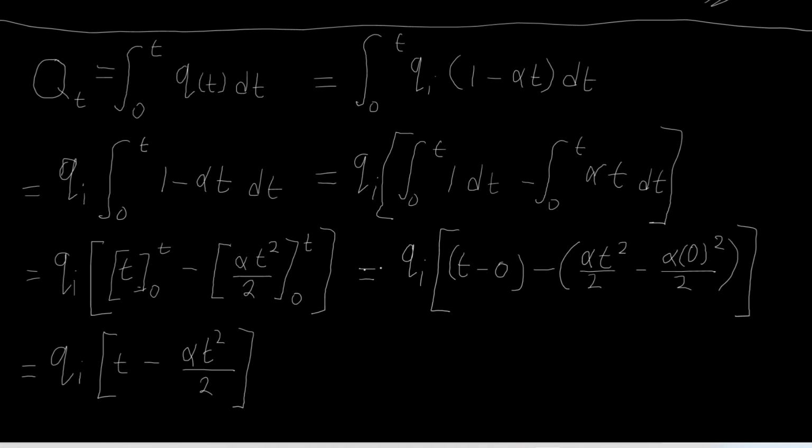Okay, now this is our what? Cumulative production for linear. Now we can choose to stop here, or we solve further to eliminate the fraction in this bracket. We can have that qi.